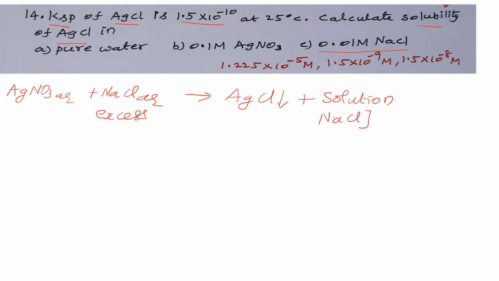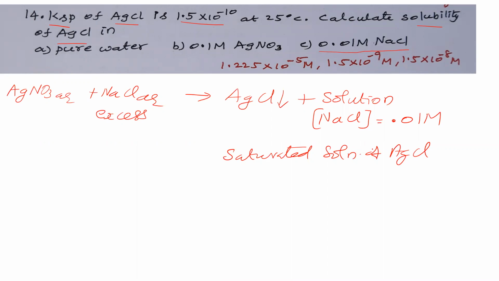That sodium chloride concentration is 0.01 molar. Then this solution above the precipitate will always be saturated with respect to that precipitate. So this solution is a saturated solution of the precipitate AgCl.